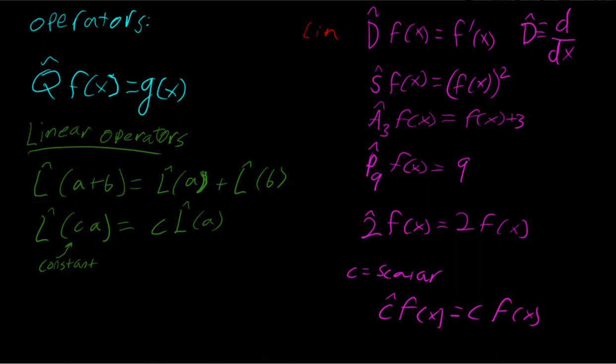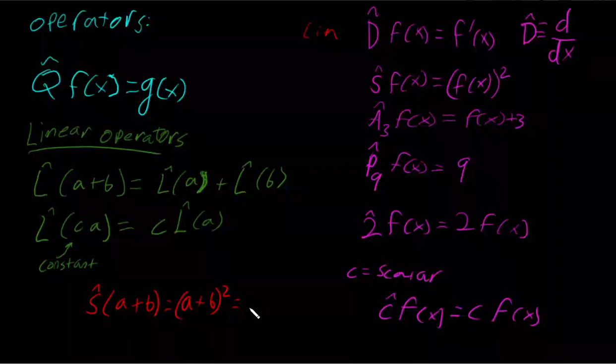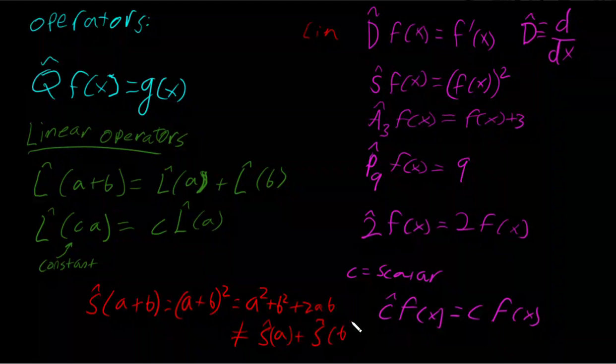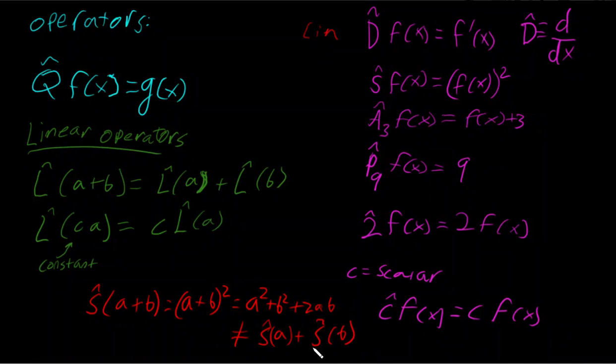Let's look at some of these other ones. S hat acting on A plus B is A plus B quantity squared, which we know is A squared plus B squared plus 2AB. This is not equal to S hat acting on A plus S hat acting on B, which is A squared plus B squared, unless both A and B are 0, but in that case it's trivial.